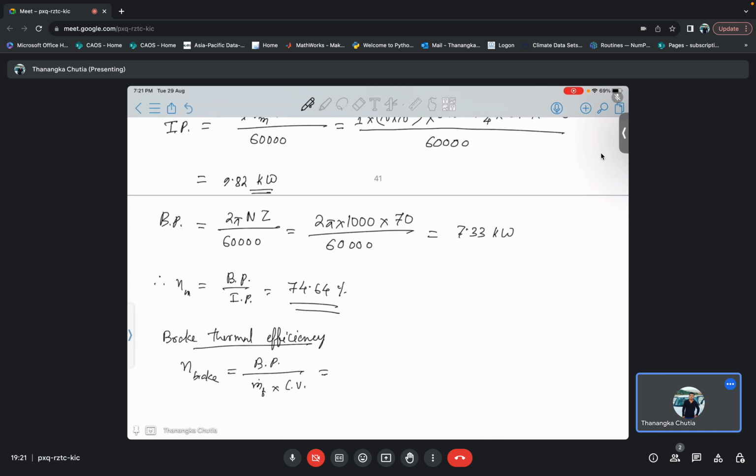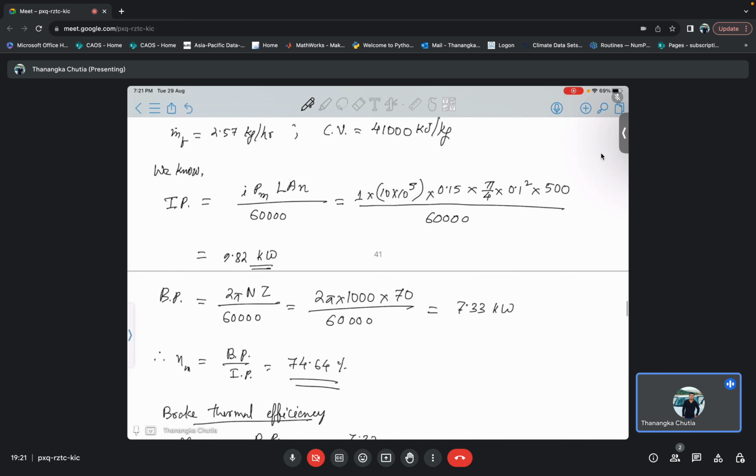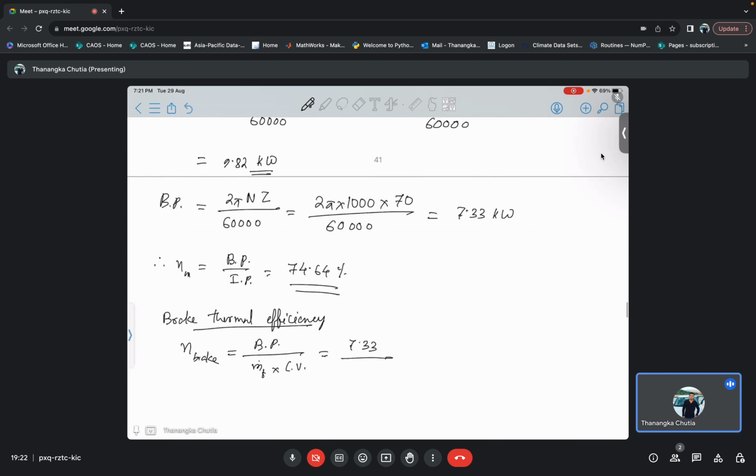So brake power is given as 7.33, and mass flow rate of the fuel in kg per hour is given, so I have to divide by 3600 to make it in kg per second.